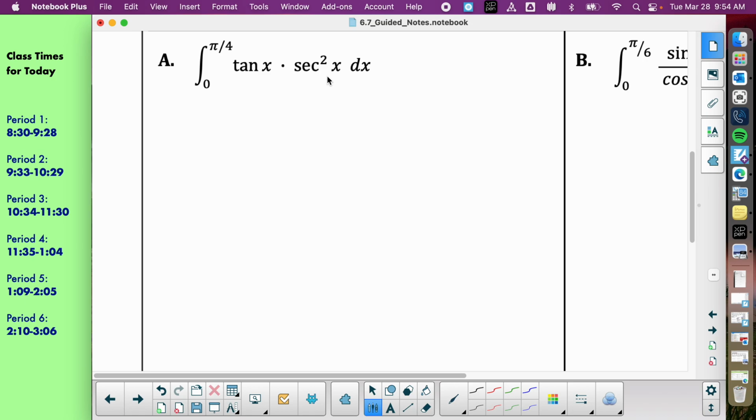That's not what's different. No, that part's not different. I'll show you. But I'm hoping that you catch on to the fact that secant squared is the derivative of tangent. Okay, so u is tangent.